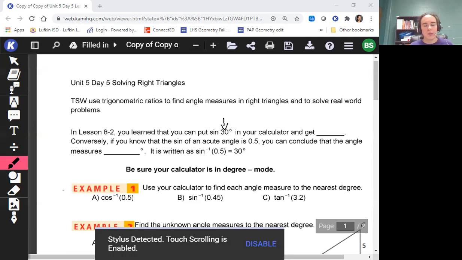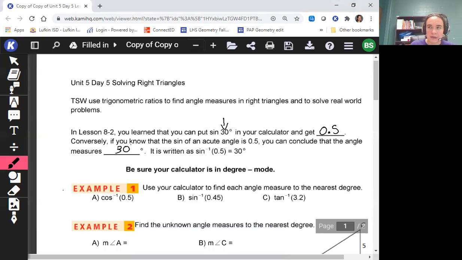So the converse of that is if you have an acute angle and the ratio is 0.5, then you know that the measure of the angle is 30 degrees. So the sine inverse of 0.5 is 30 degrees. So again, your calculator has to be on degree mode.